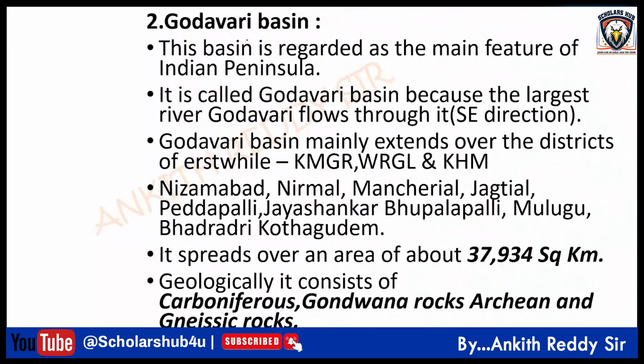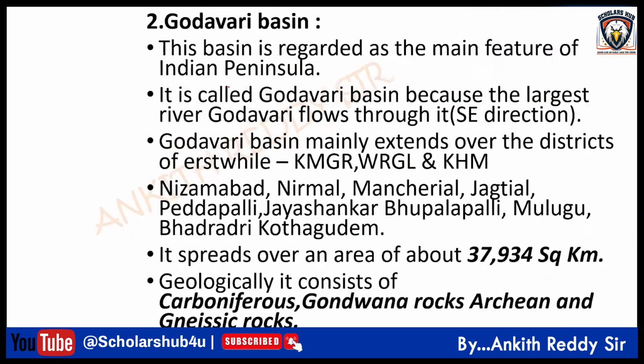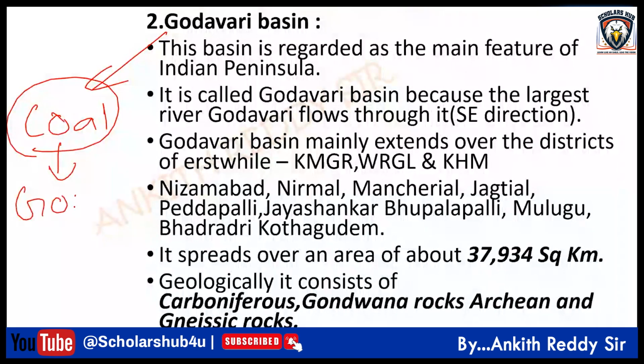So Godavari basin is important for which mineral? Coal, remember. Which variety of coal? Gondwana coal, an important point. This basin is regarded as one of the main features of the Indian Peninsula. It is called the Godavari basin because Godavari flows through this region.